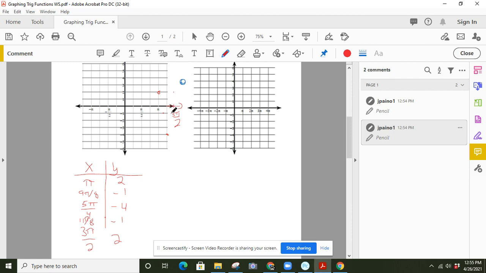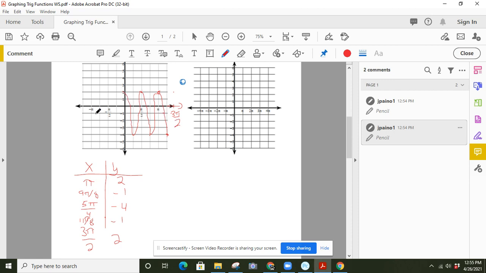So you can see here that I'm going to want to go to the left here a little bit. So if I graph this, you're going to get a graph that looks like that.